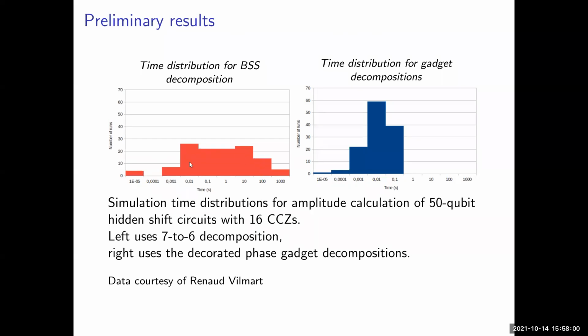So we see here that using our method, some of them would take like 1,000 seconds to simulate, and this is on Renaud's laptop, by the way. While with this improved thing, everything completed in less than a second, right? So simulation times are just way better, like orders of magnitude better. Okay, so it's going to be exciting to see if we do a bit more data here, how this is going to work.